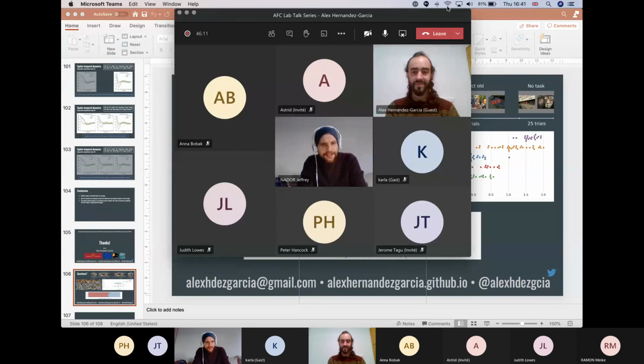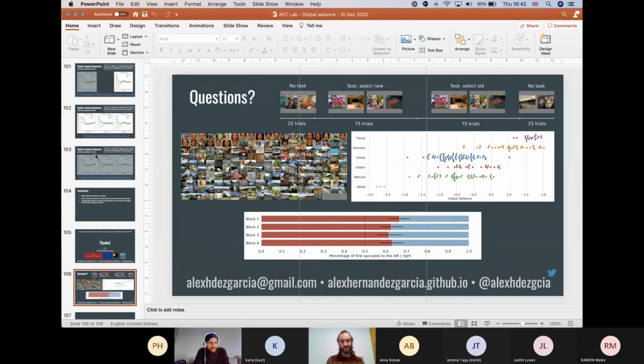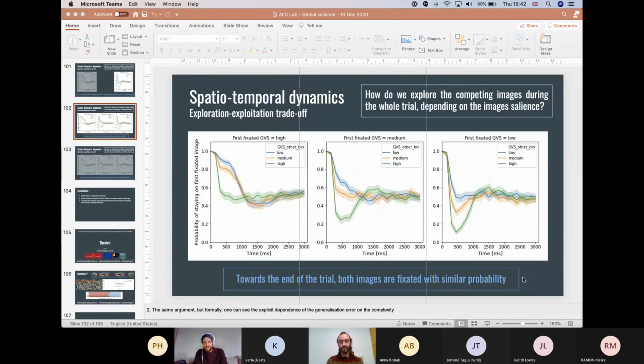I was wondering if you could go back in the slides to where you were showing those three graphs with the trends at the end. Yeah, 102. Meike has to go back for you. Yeah, I'm there. Thank you, Meike. So I was wondering, in this case, there's a task context in which people are looking at one or the other image, right?